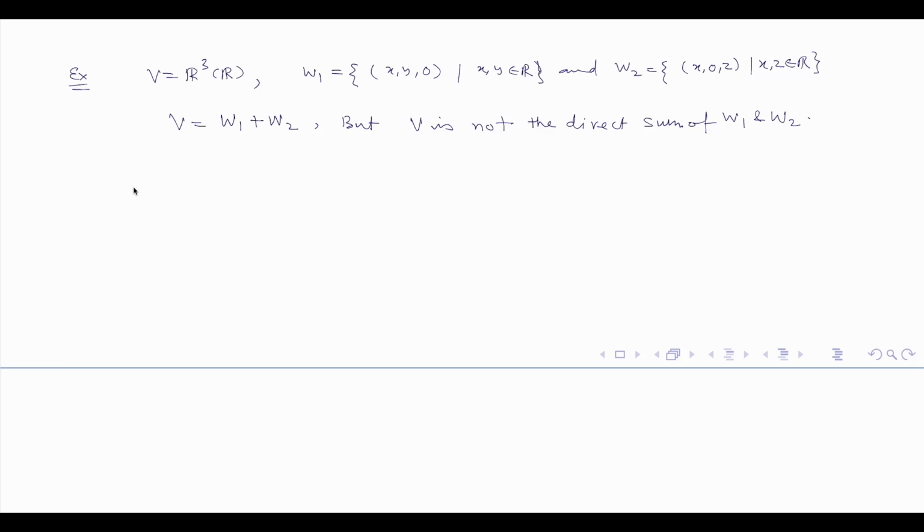Another example, you can say if V is a vector space of all real valued functions over R, then it is a direct sum of its subspaces, right?